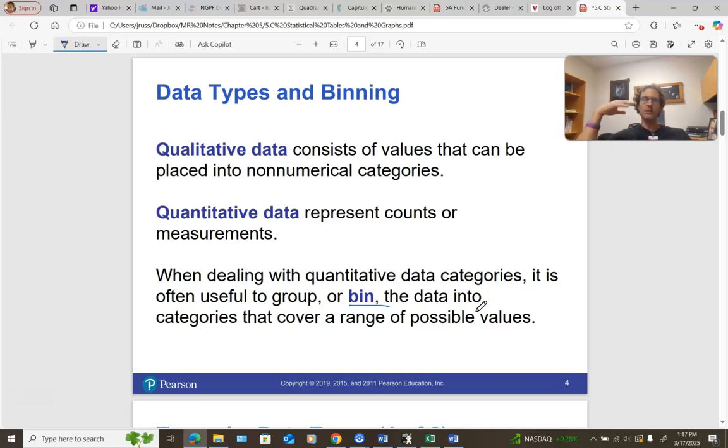That just means that I can create these categories or groups, these ranges, like from 70 to 79, and then from 80 to 89, etc. So those are called bins, and those are very important, guys. Being able to create bins that are appropriate for the data set is very important, because within each bin, you record the number of data values or the frequency that fall into that particular range.